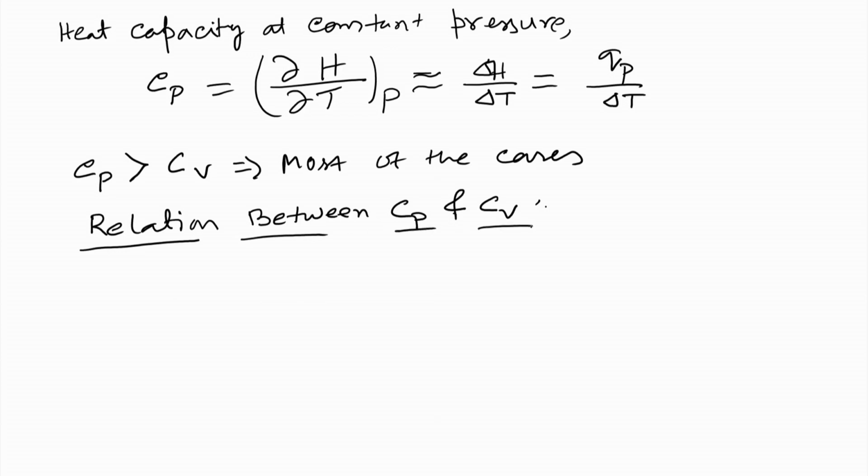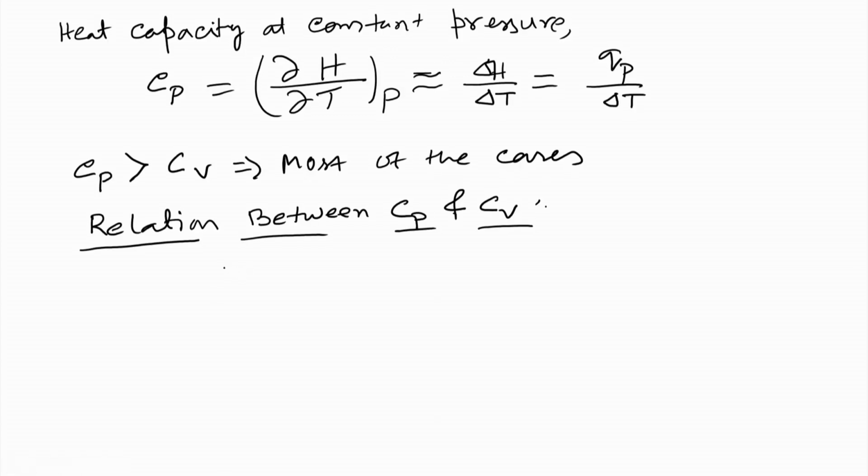Okay. Very simple derivation we can carry out. So we know U, internal energy U is a function of pressure and temperature. So we can write dU.